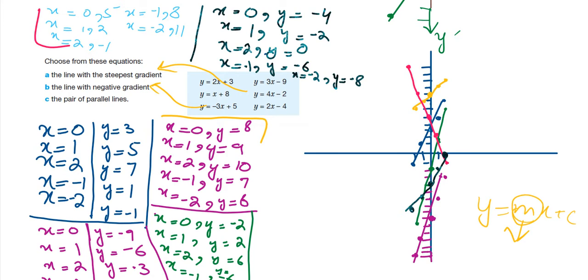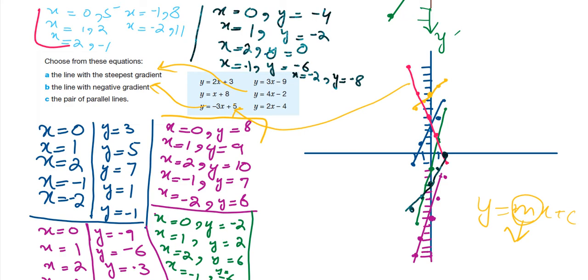Or if you plot the points according to this one, you can see that all the other graphs are going in the positive gradient direction, but the pink one is going in the negative direction. So we may say that this has a negative gradient.